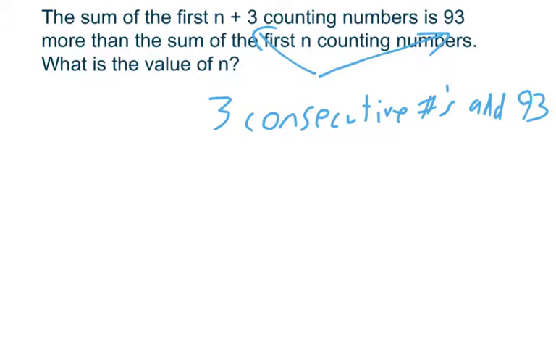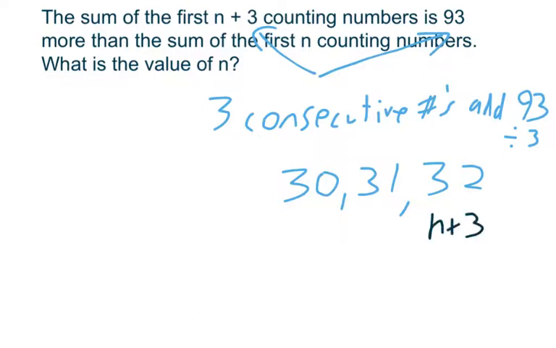If I divide that by 3, I'm looking for a number about 31. So actually it's going to be 30, 31, and 32 are the 3 consecutive numbers that add to 93. This one is our n plus 3. This is our n plus 2, our n plus 1, and then our n is going to be 1 less than that, which is 29.